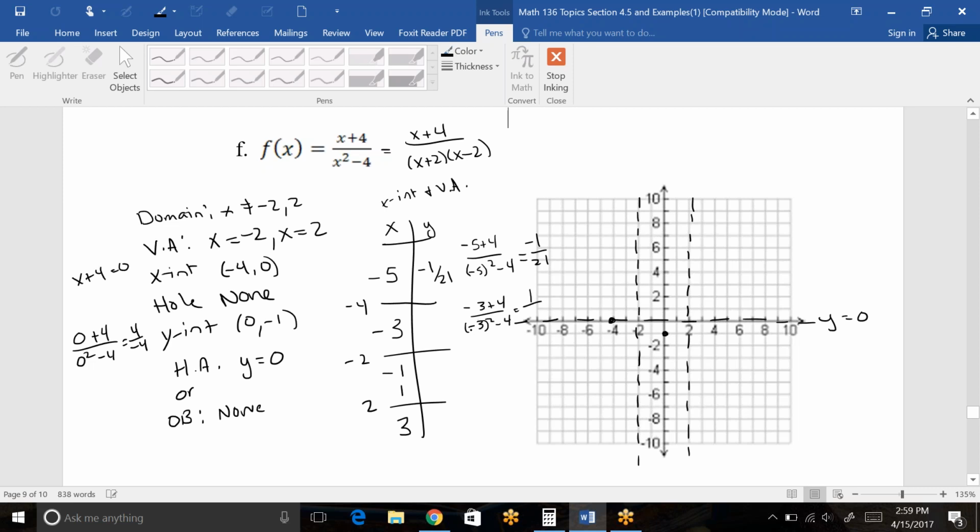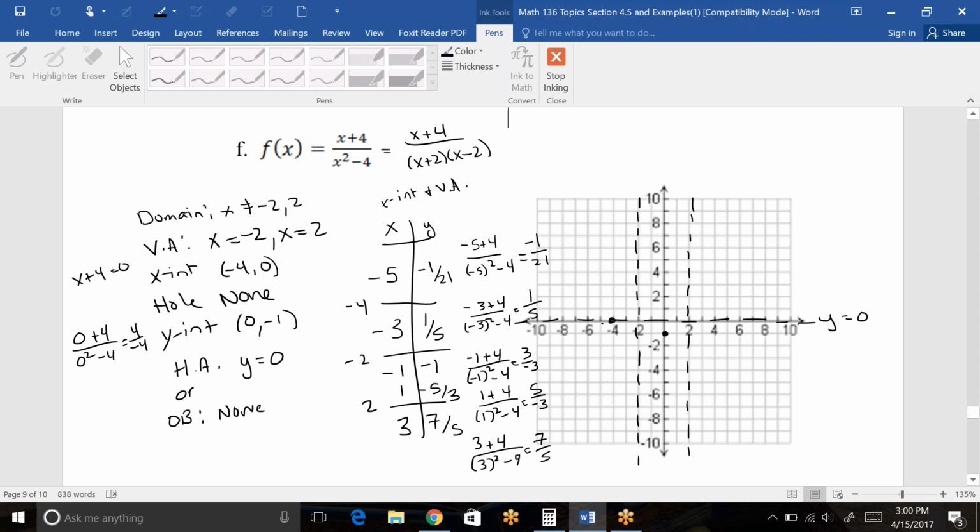That's 1 over 9 minus 4 is 5, so that's 1/5. -1 plus 4 over -1 squared minus 4 is 3 over -3, so that's -1. 1 plus 4 over 1 squared minus 4 is 5 over -3, so that's -5/3. And 3 plus 4 over 3 squared minus 4 is 7 over 5.